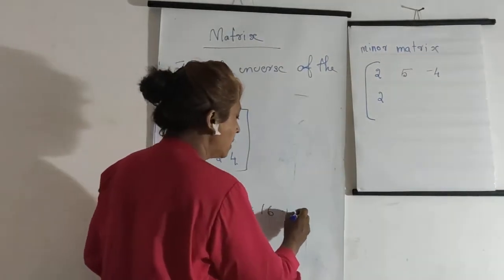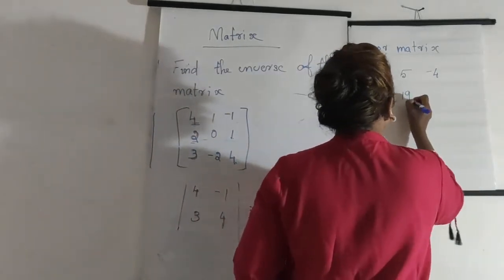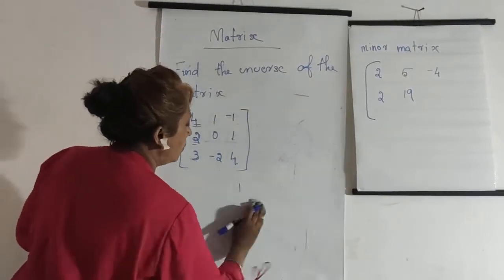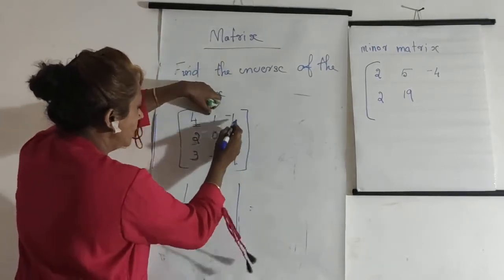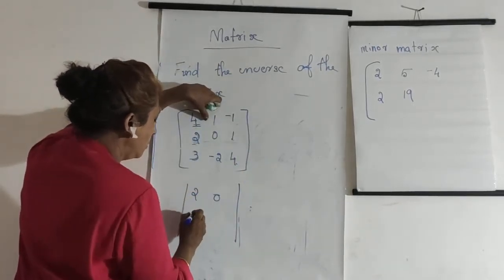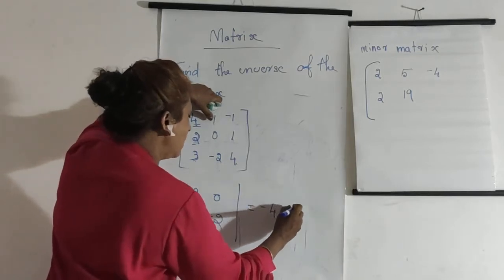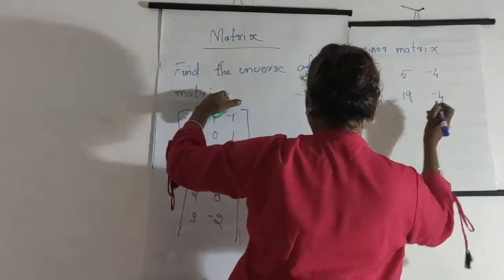So 16 plus 3, it is 19. So we can write 19 here. And then the next one, it is 1. For 1, the minor value is, this one and this one are gone, 2, 0, 3, negative 2. So it is negative 4 minus 0, equal to negative 4. So I am going to write negative 4 here.